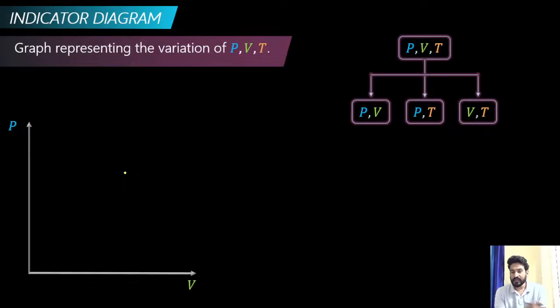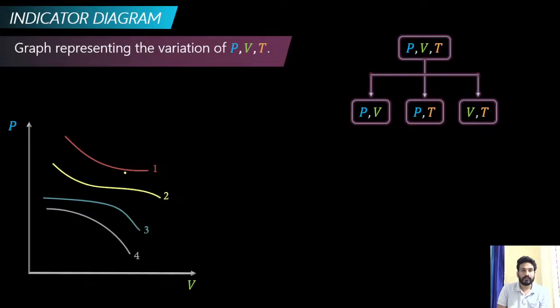If we are moving from one state to another like this, this is my state one, this is my state two, this is any third state, and this is process 1, process 2, process 3, and process 4, right?